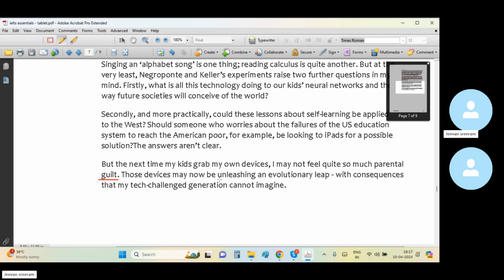Those devices may now be unleashing an evolutionary leap, with consequences that my tech-challenged generation cannot imagine. We may not be able to fully evaluate to what extent it is going to affect the children. But I don't have parental guilt when they take the gadgets. They have a natural ability to learn.